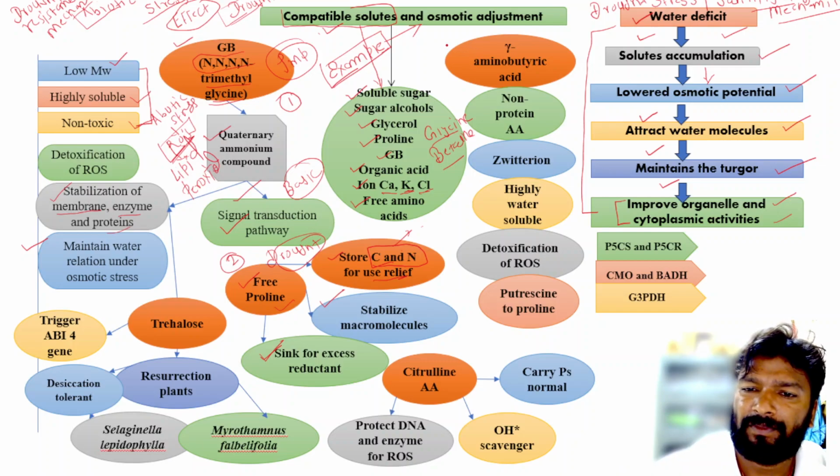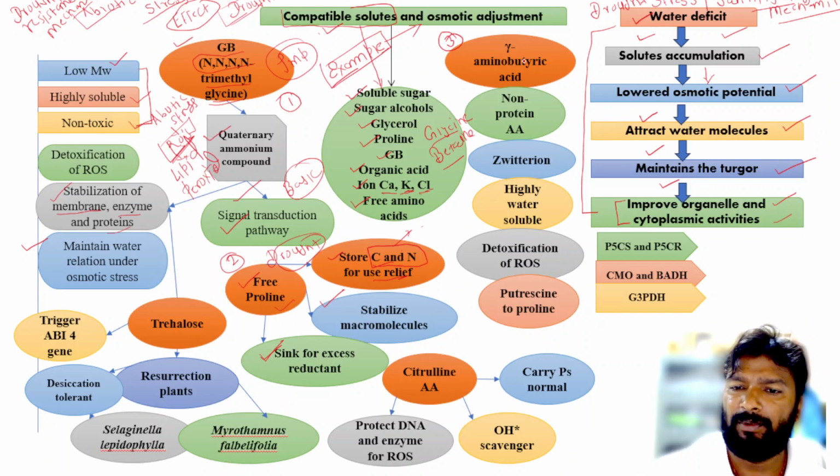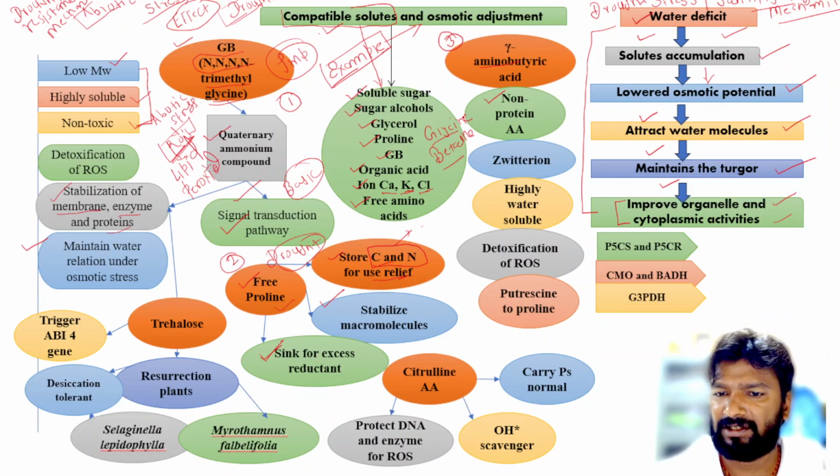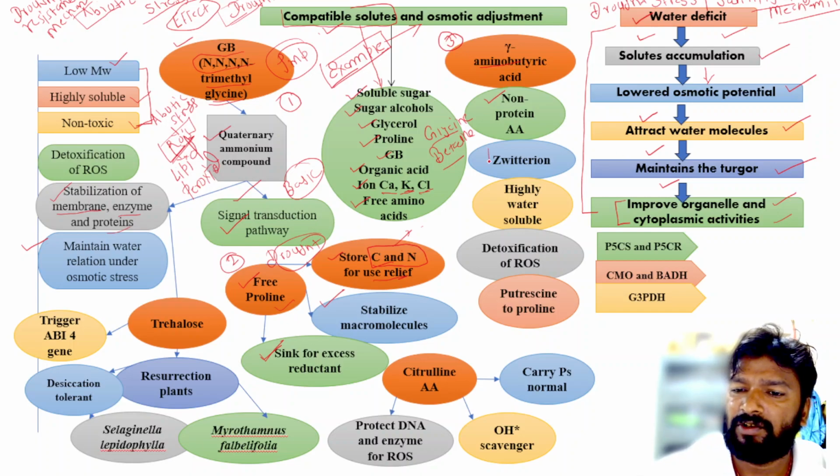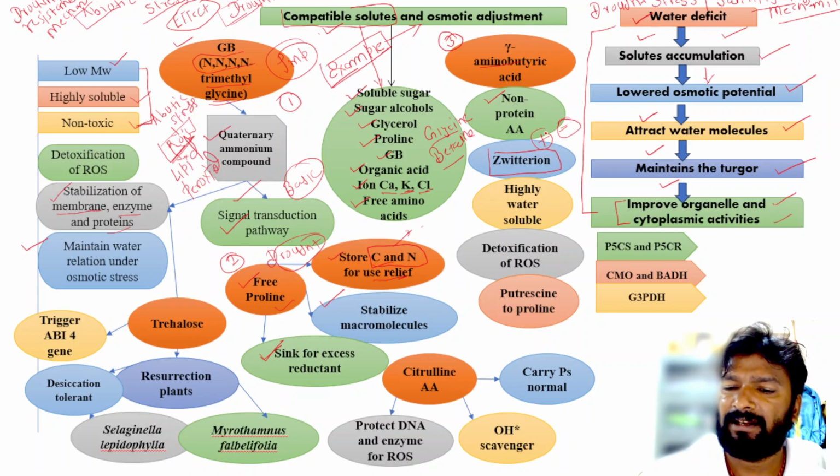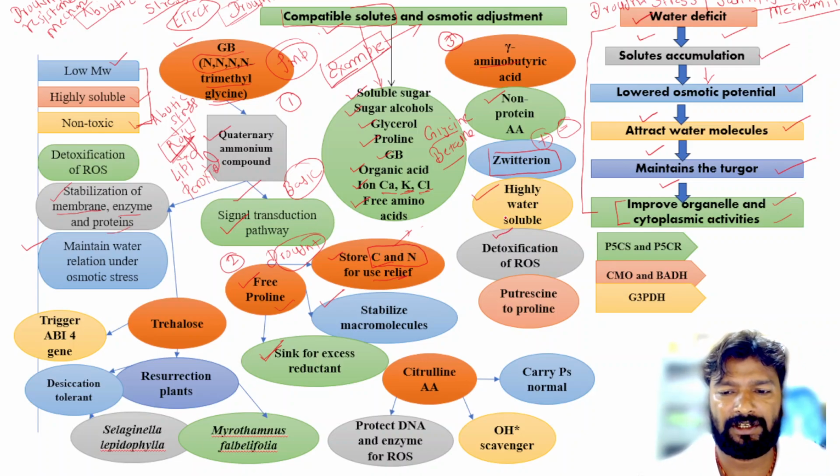Now come to the third compound, that is known as gamma aminobutyric acid. Friends, this is a non-protein amino acid and acts as a zwitterion, means this compound has both positive and negative ions. It is also highly water soluble and functions in detoxification of reactive oxygen species.